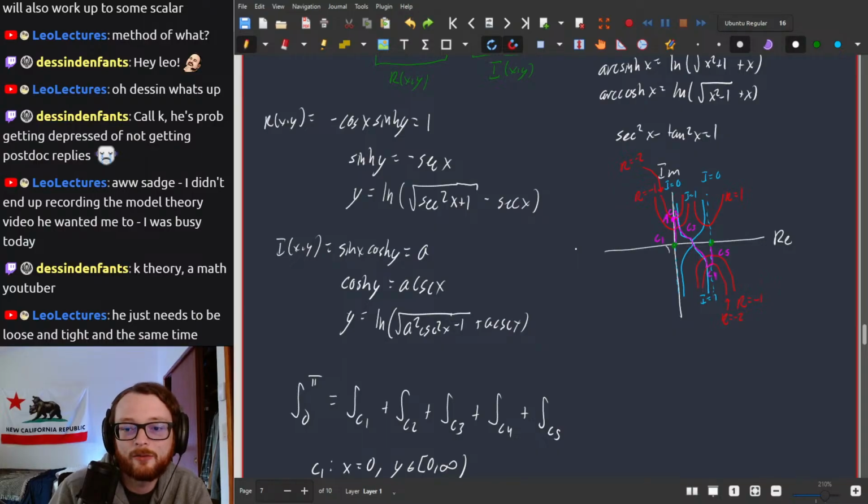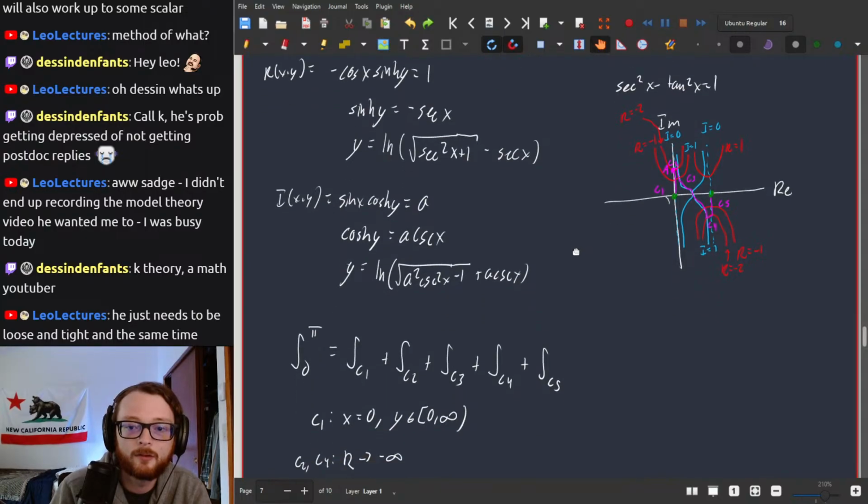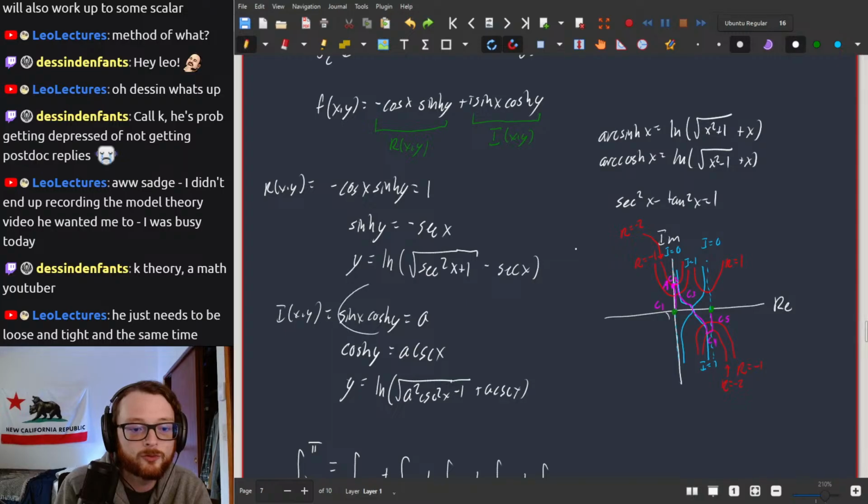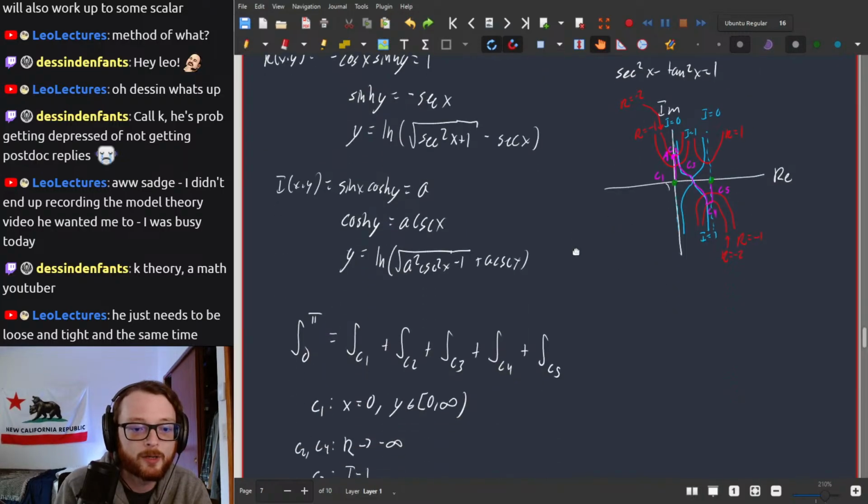So on this contour, I is constant, equal to 1. So I is sinh x, or sine x cos y.